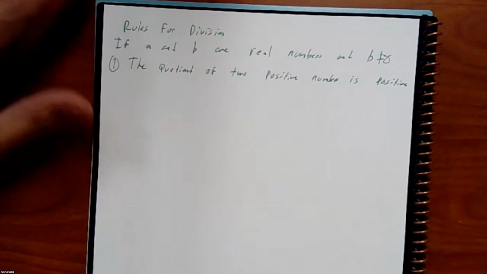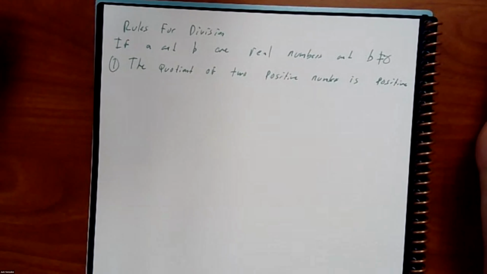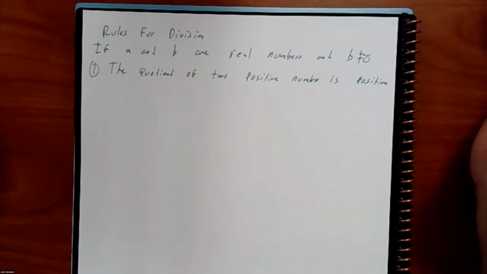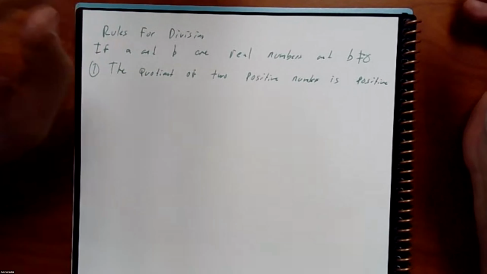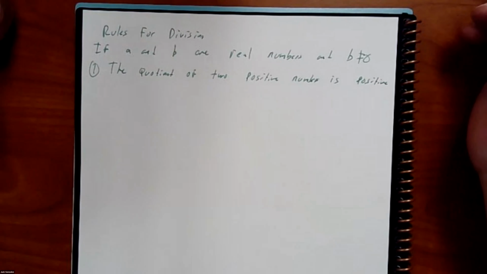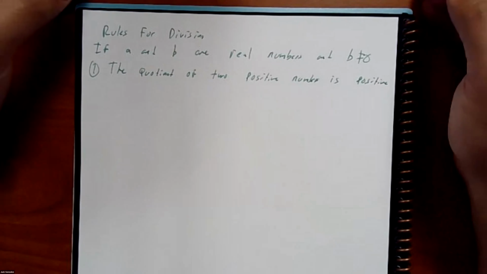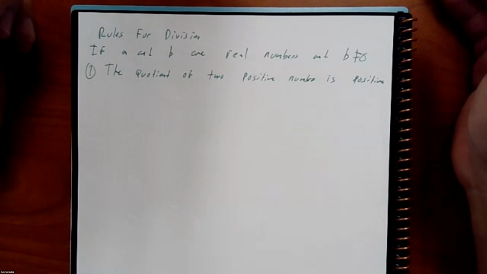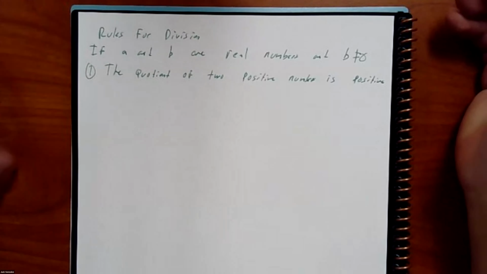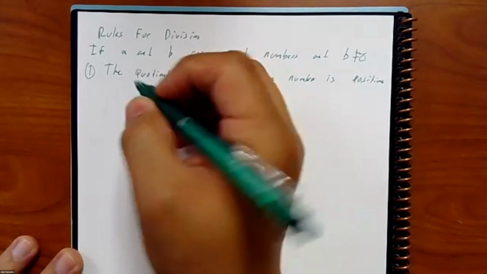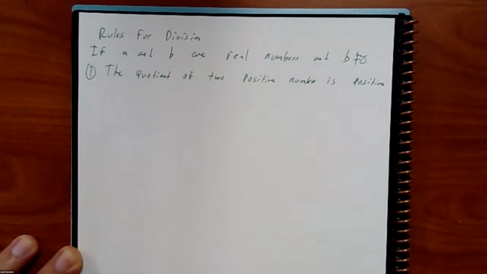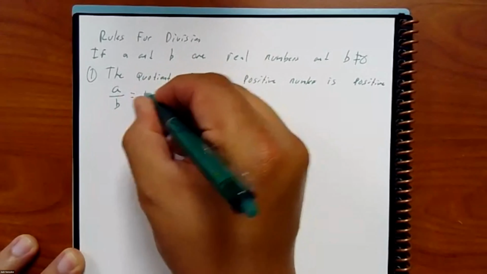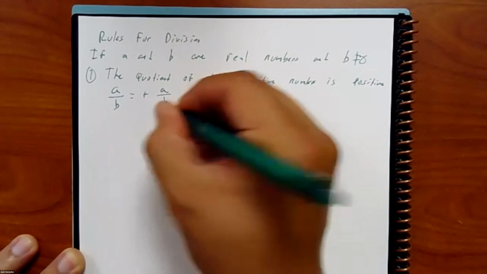The quotient is the answer to a division problem. The answer to A divided by something, or dividing those two things, you get a quotient. Like a product is A times B. A divided by B would be positive A over B.